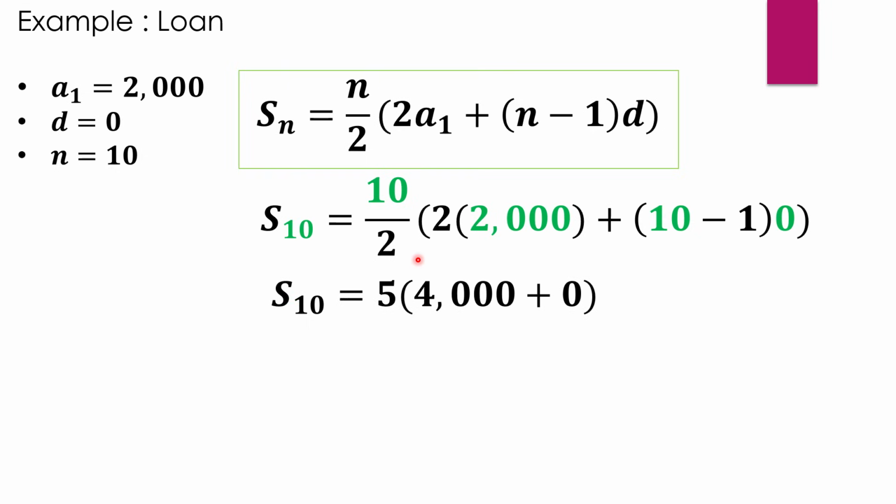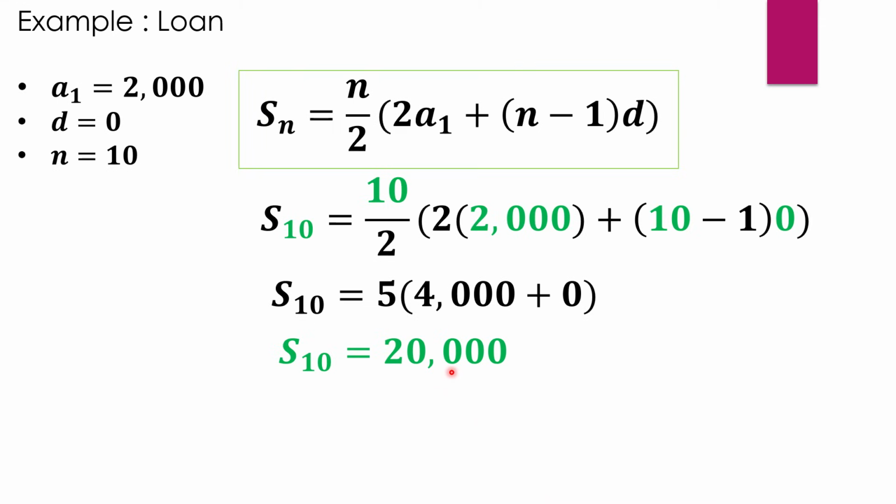I already shortcut it so that you can have the answer immediately. So 10 minus 1 is 9. 9 times 0 is 0. And 2 times 2000 is 4000. And 10 divided by 2 is 5. Then simplify, that is 20,000. How do we get 20,000? 4,000 plus 0 is 4,000. 4,000 times 5 is 20,000.